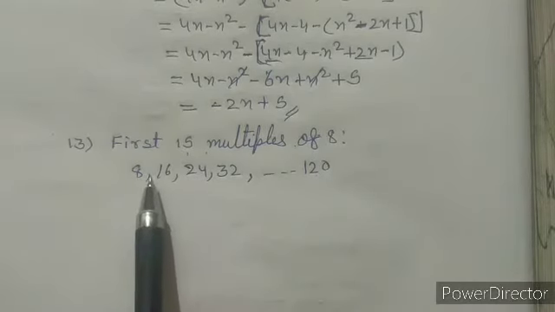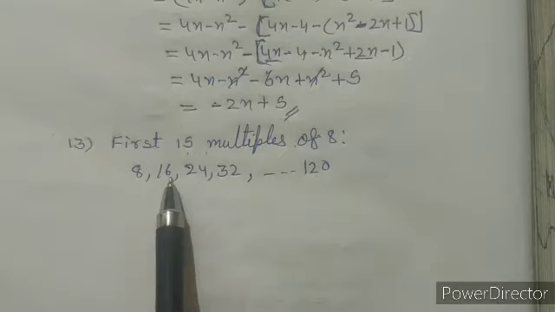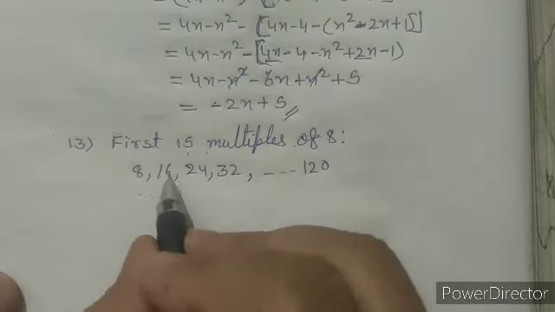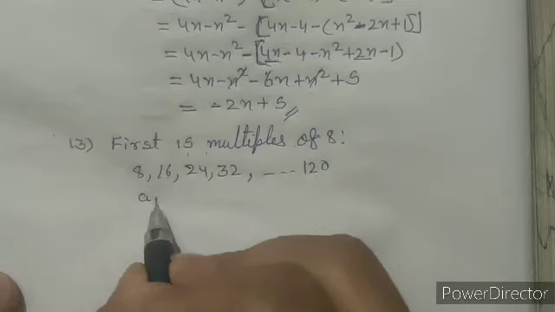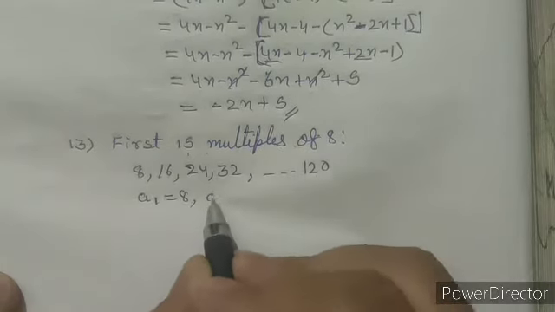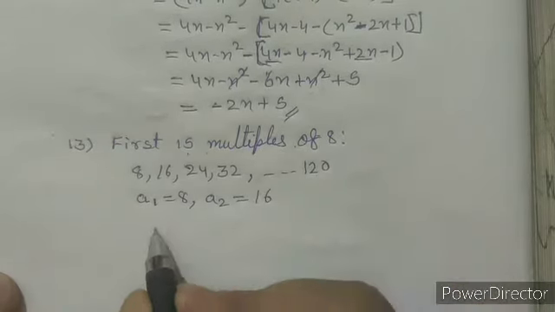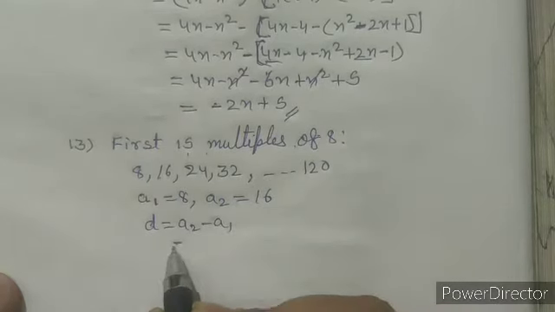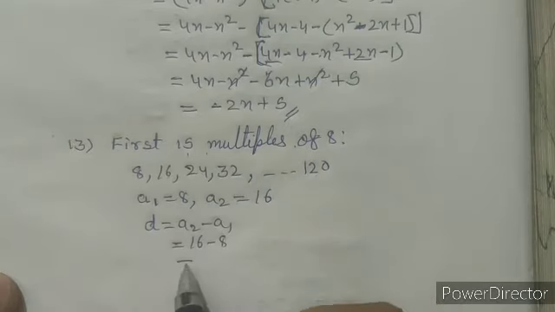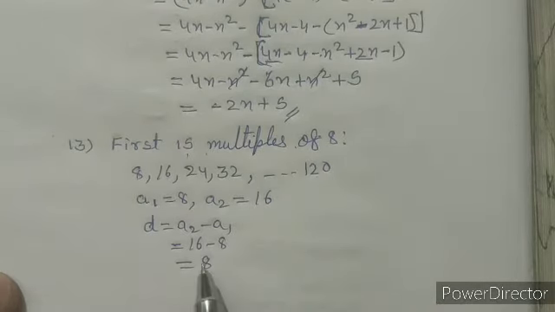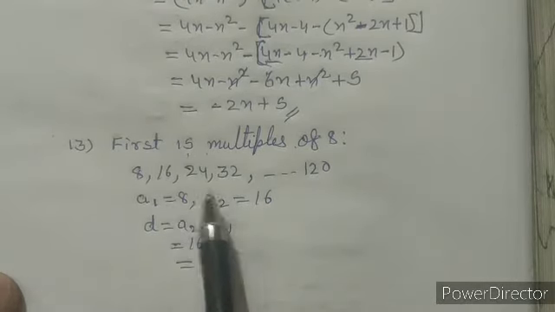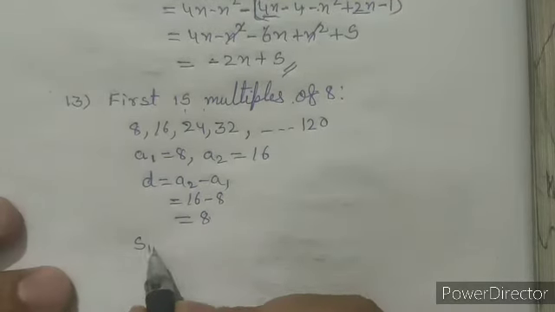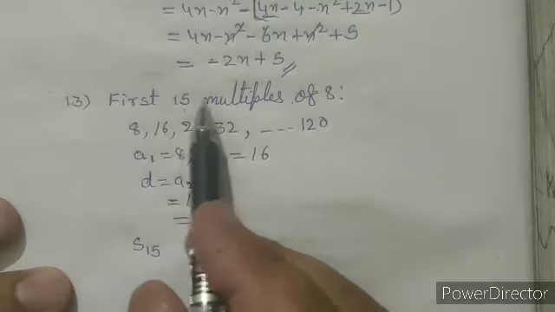As we see here, these are in AP and the common difference is D. D is 8 here, so we can say that A1 is 8, A2 is 16 here. Common difference D is A2 minus A1, and that is 16 minus 8 equal to 8. Now the common difference will be 8 as these are the multiples of 8. Now we have to find the sum of 15 multiples.